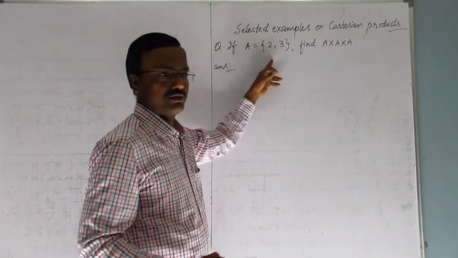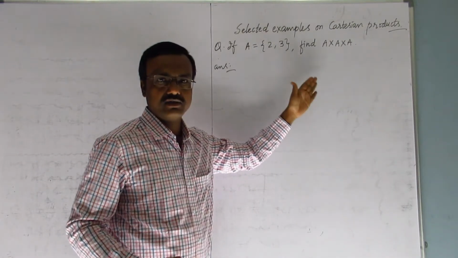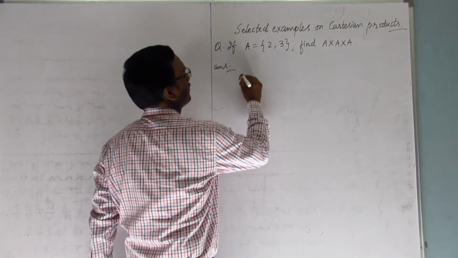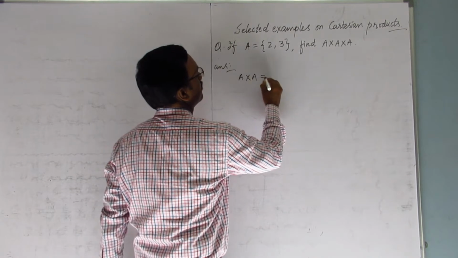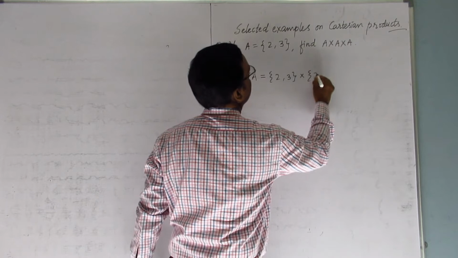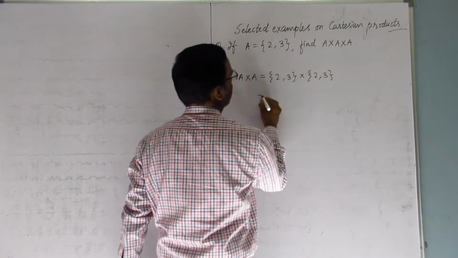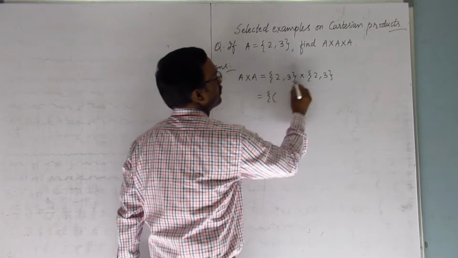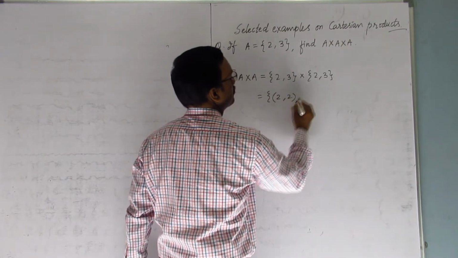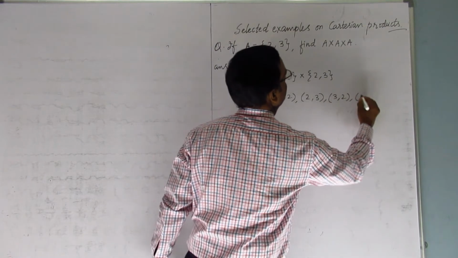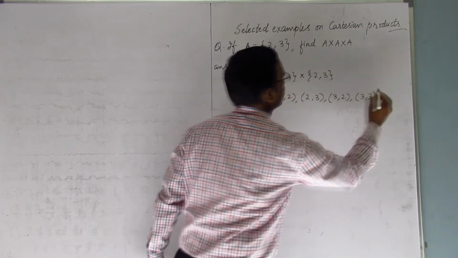If A is {2,3}, we have to find out A cross A cross A. Okay. So begin with A cross A first. So A cross A is {2,3} cross {2,3} as you know. So that is first (2,2), (2,3), (3,2) and (3,3).